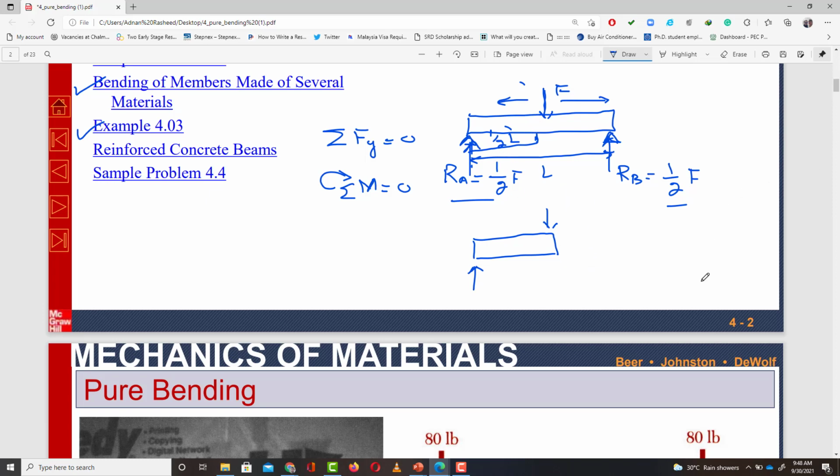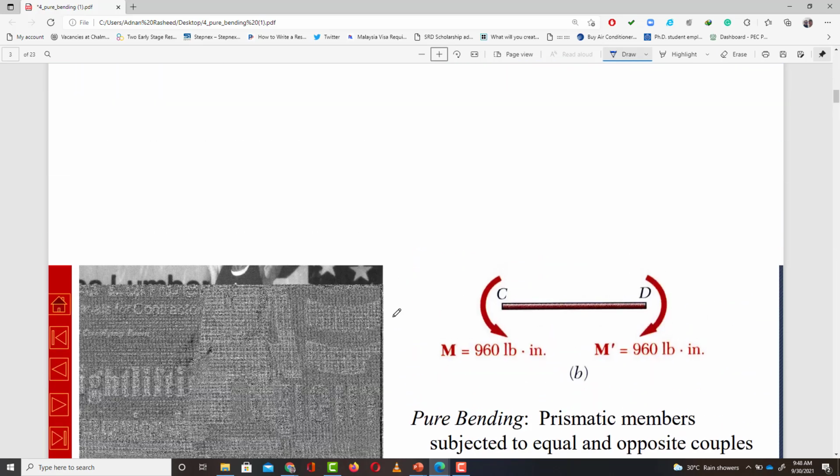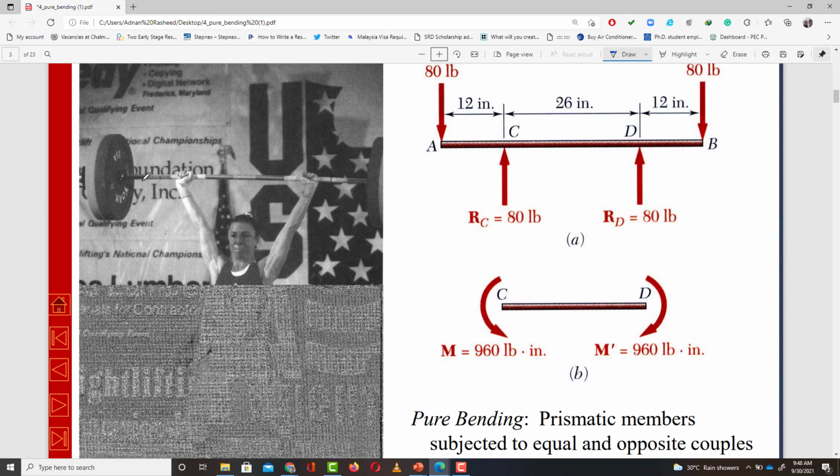Just like in the example below, you can see that there is a weightlifter and she has lifted some weight. You can see that the weight at this end will act downward, while at the second end the weight will also act downward, and the reaction force is acting in the upward direction. So if I assume this beam over here, for example these are 80 pound loads acting downward, 80 pound, and similarly this 80 pound is acting downward.